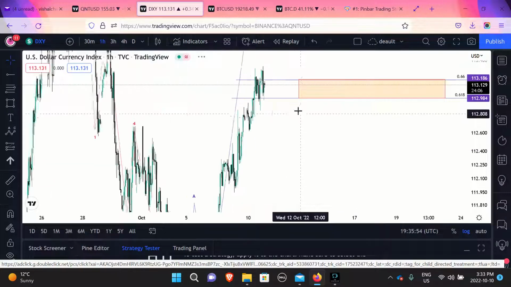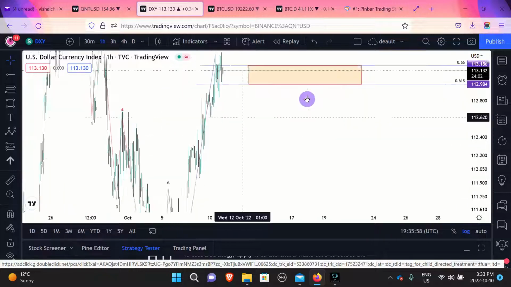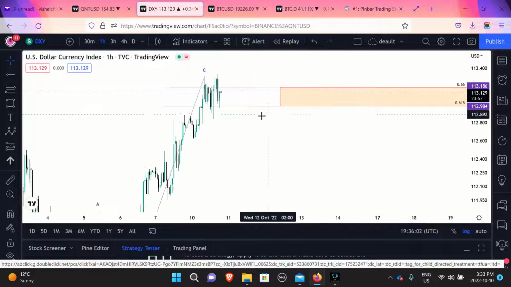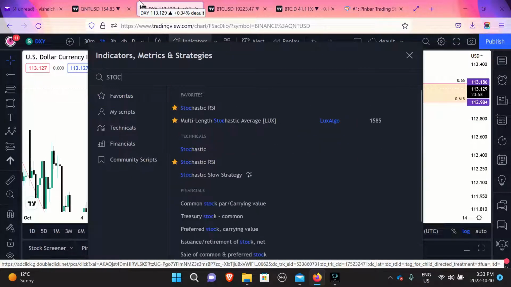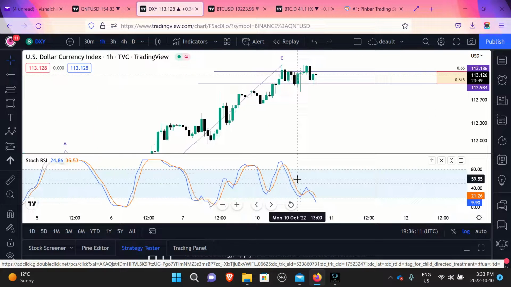And you can clearly see that we're showing some signs of rejection in this zone. And if we take a look at the stock RSI, looks like we're headed downwards.